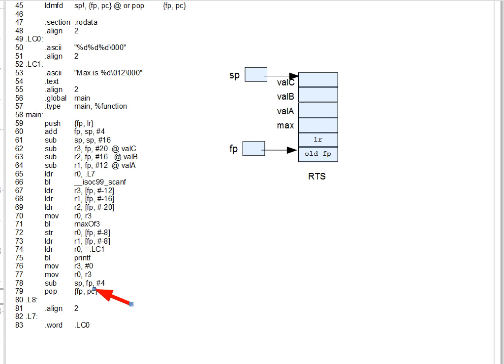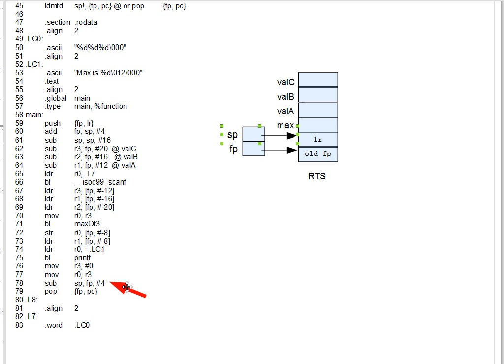So the answer is these lines are returning from main. Main returns a 0 value. So that goes ultimately into R0. And then the code changes SP to point just above FP in the stack, which was where it was after the initial push instruction.